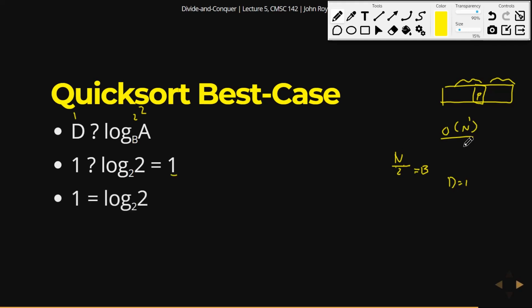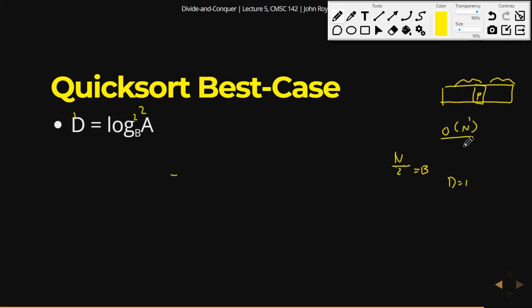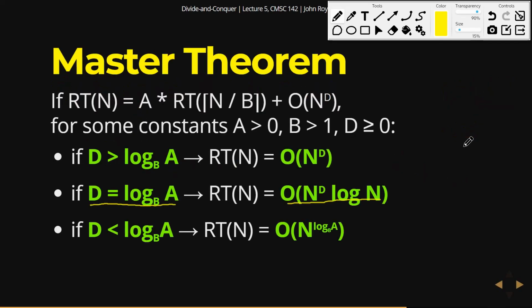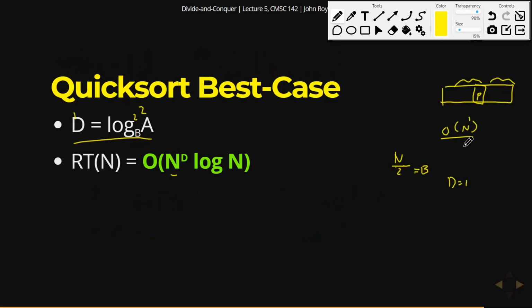So that would still be equal. So we'll still use the second equation in the master theorem, n^d log n. So we'll plug in the value for d here, which is 1. So it's n log n.